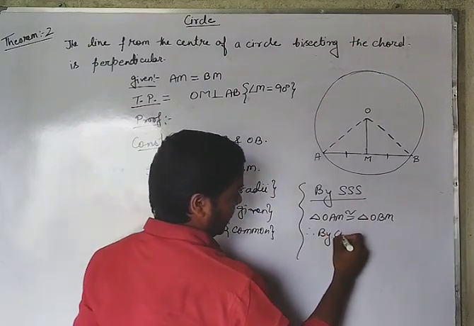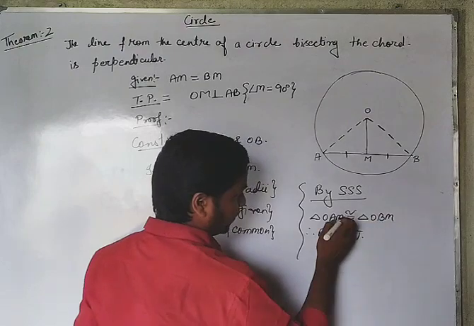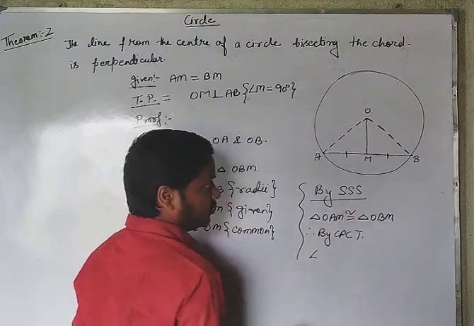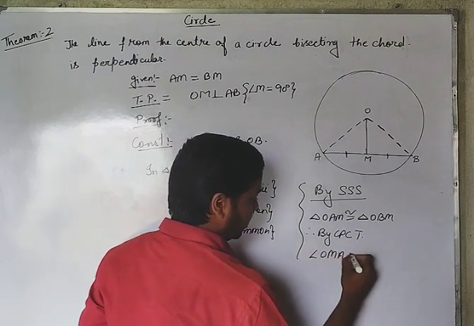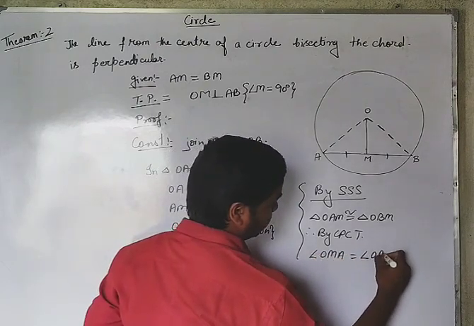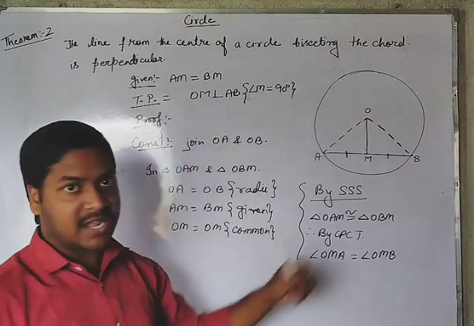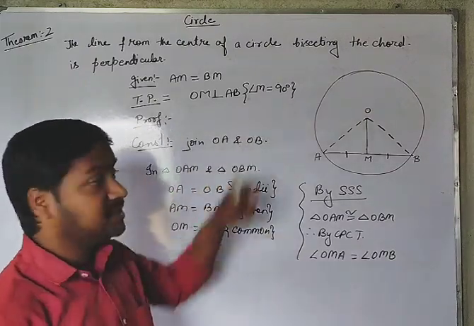Therefore, by CPCT, angle OMA equal to angle OMB. Now both are equal, but what we need to prove is 90 degrees.